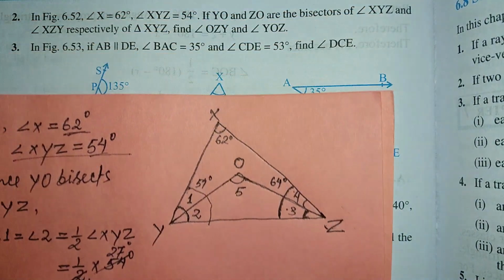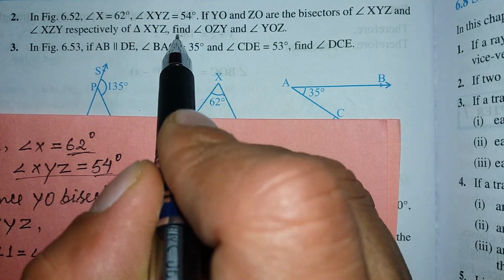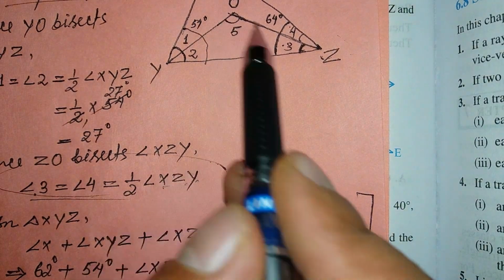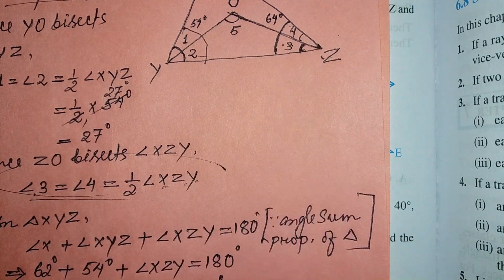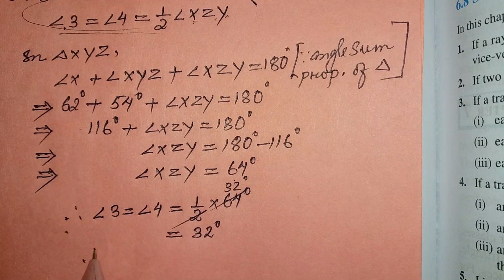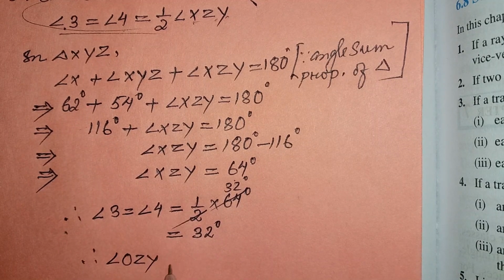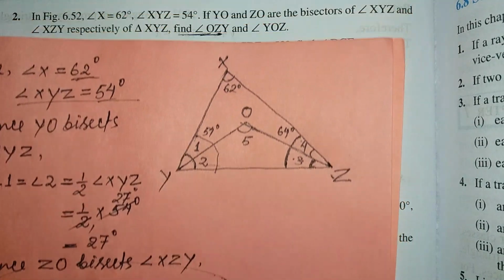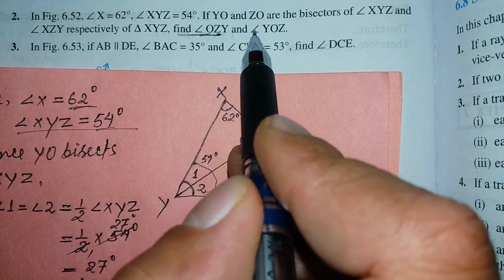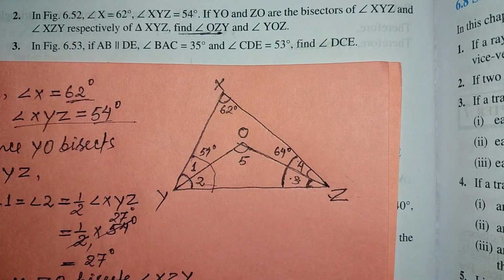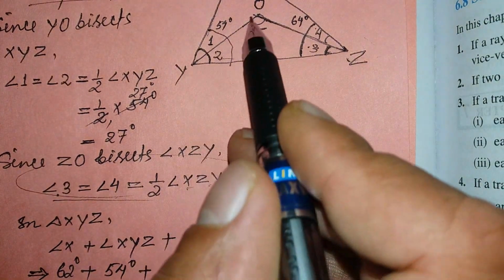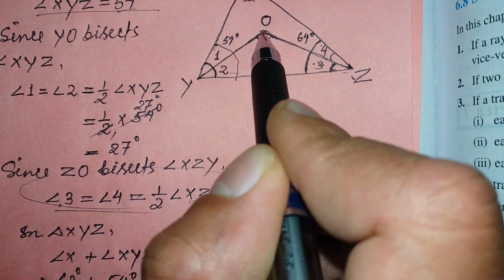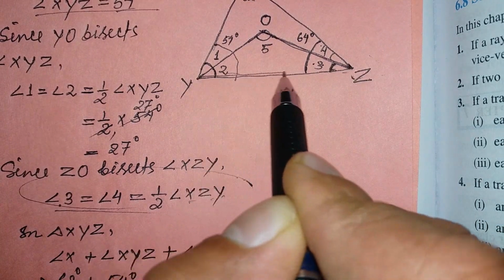Now in the question, we have to find OZY. OZY is this angle 3. So therefore angle OZY is equal to 32 degrees. And then we have to find out angle YOZ, this angle 5. To find this, we are going to use this triangle and apply the angle sum property.